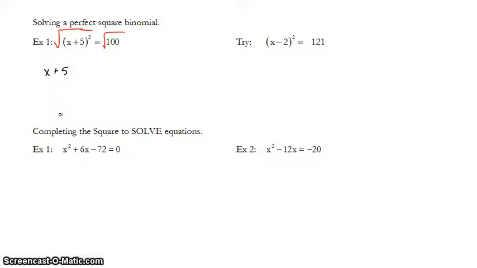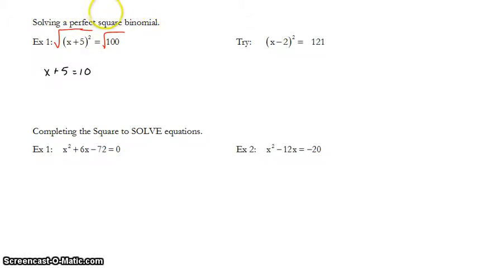However, what you have to be careful of here, when you square root both sides of the equation, this is saying what times itself equals 100. There's actually two answers to that. Because the square root of 100 could be positive 10, which is what most people would think, but it also could be negative 10.